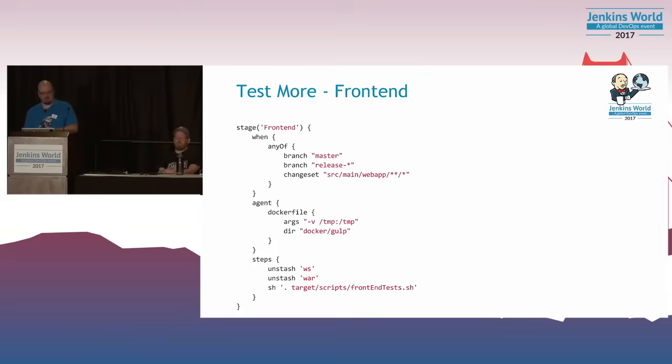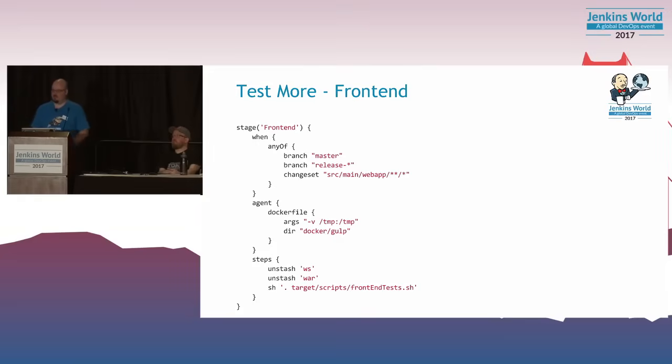And for the agent, I actually have a custom Dockerfile in the repository in the docker/gulp directory that is sort of a Node.js 8.4 or whatever that also installs gulp on it. So I specify that with the Dockerfile agent type here, so that I have the tools that I actually need.